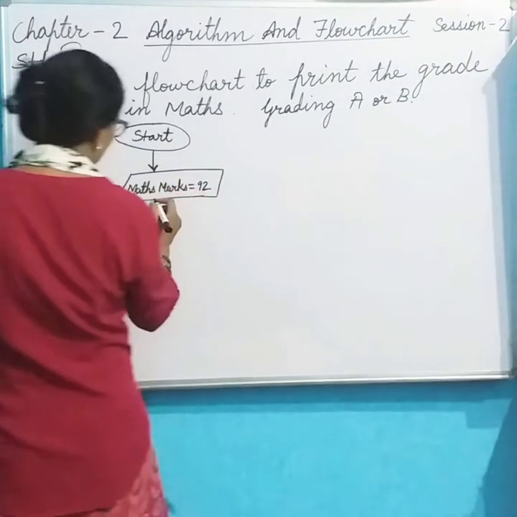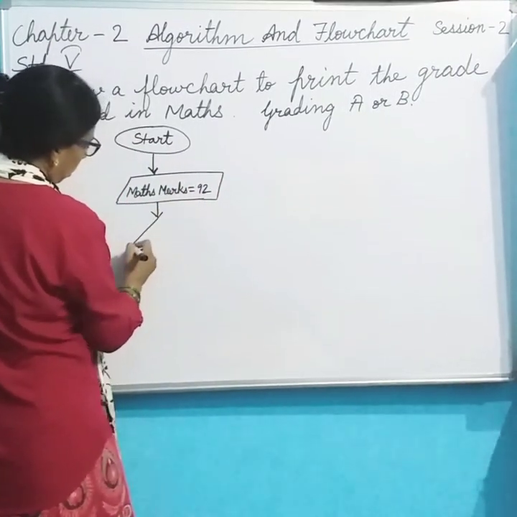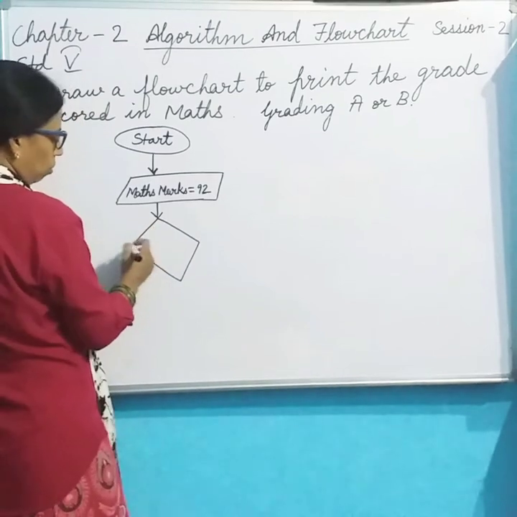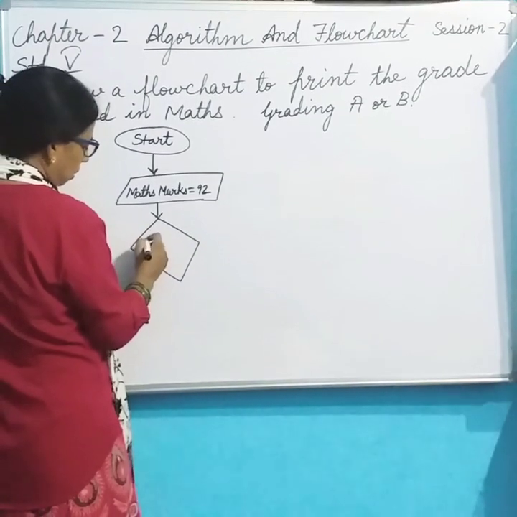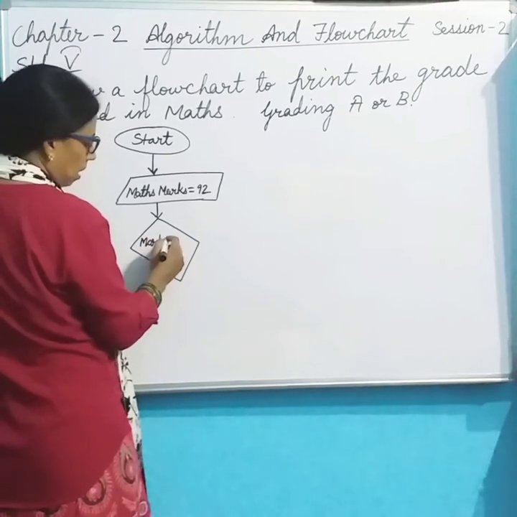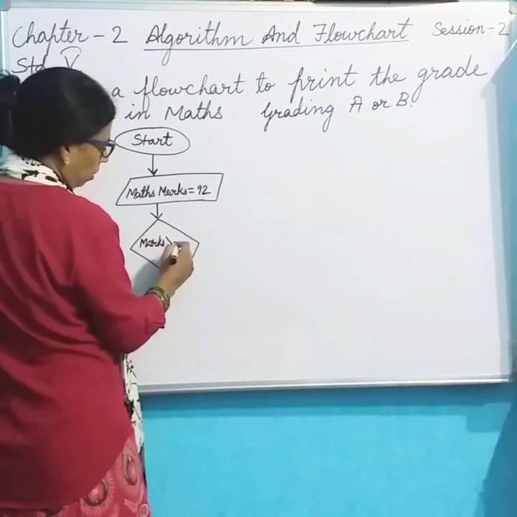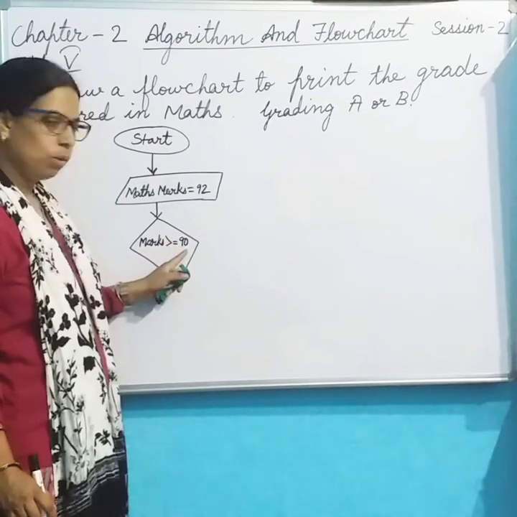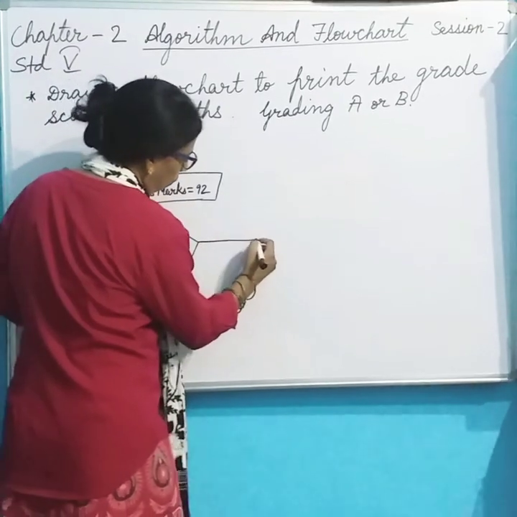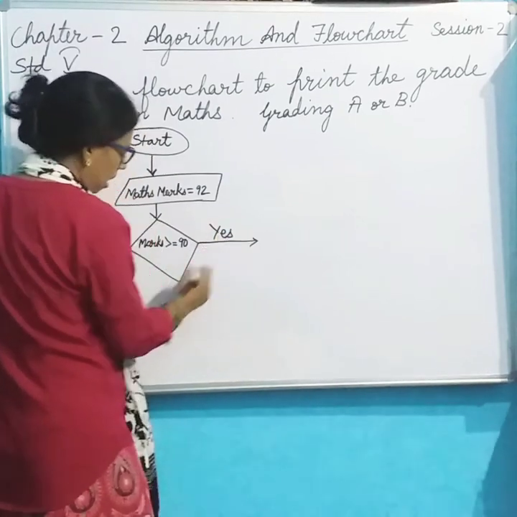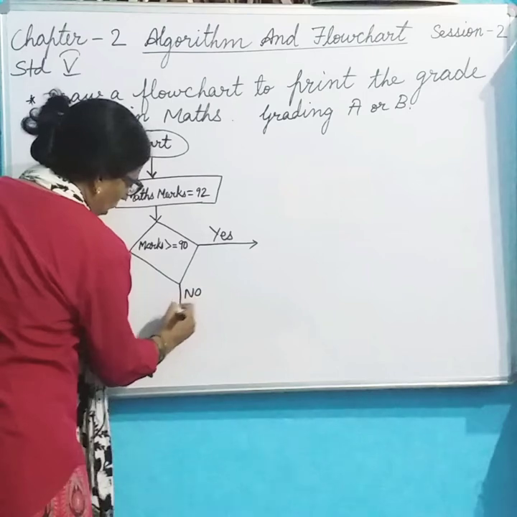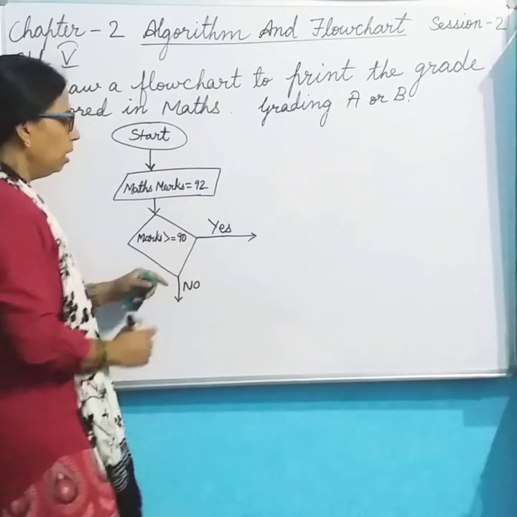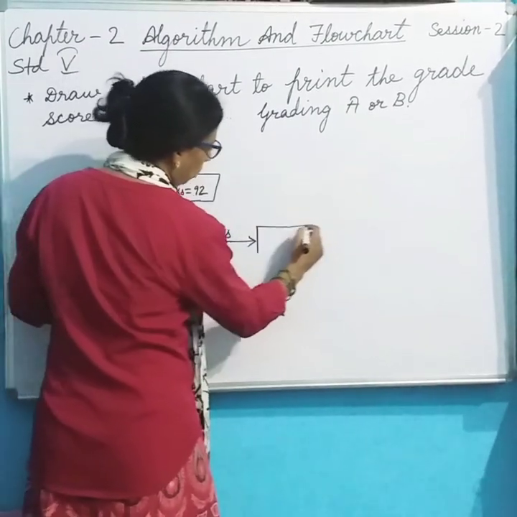So our next box will be a decision box. Here is the decision box, as I told you. In the decision box, the question will arise: marks greater than or equal to 90. There will be two flow lines, one yes and another no. If the condition is yes, that means the marks is greater than or equal to 90, the print will be, that will be a processing box.